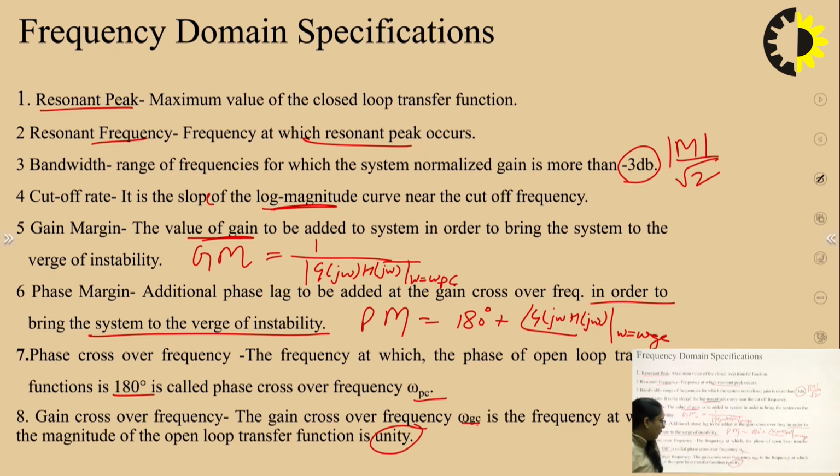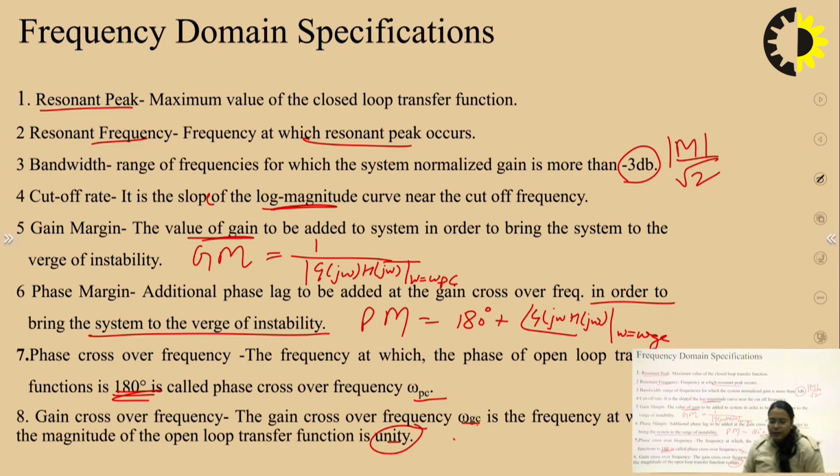Where omega PC is when the phase of the open loop transfer function is equal to minus 180 degrees, and the gain crossover frequency is when the magnitude is equal to unity. So these are basically the specifications of the frequency domain.